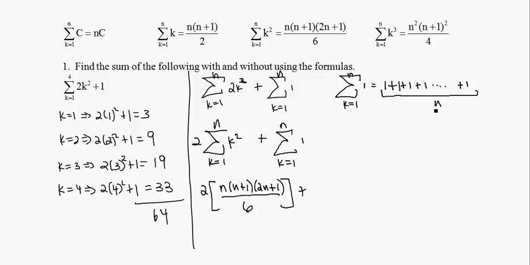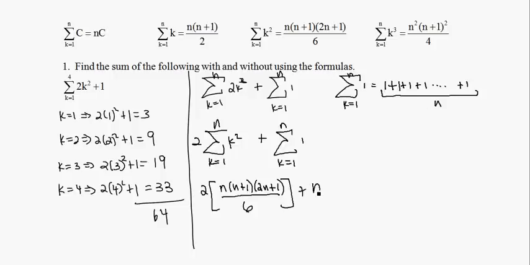I'm going to have n of them. So therefore, the sum on all these constants is going to be the constant, which in this case is 1, times the number of terms. So this C stands for constant. If I add up a constant and I have n of those constants, it's just the number of terms times the constant. So it's 1 times n, which in this case is n.